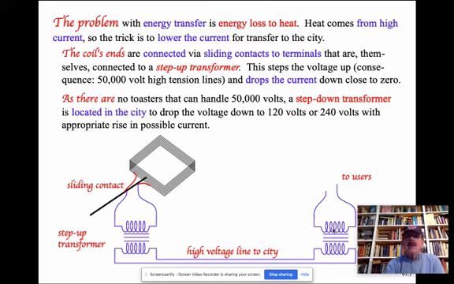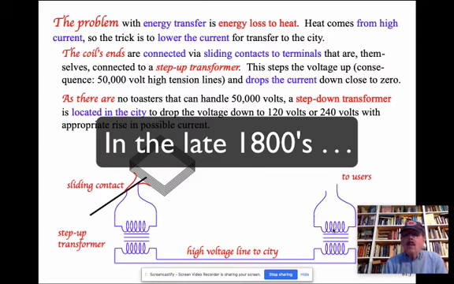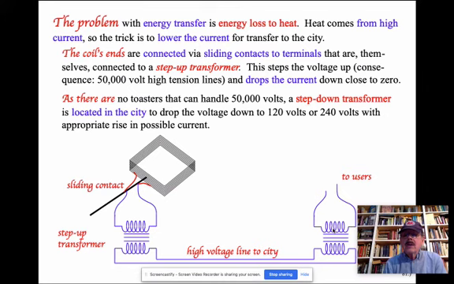It turns out, interestingly, the last little bit of amusement that I will tell you before I let you go: Edison wanted to power the country with DC. And Tesla, who was just a little nobody, but brilliant, finally got the backing of a guy named Westinghouse, and he wanted to use AC.